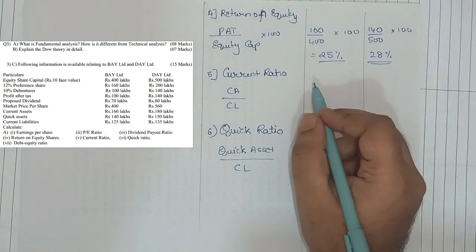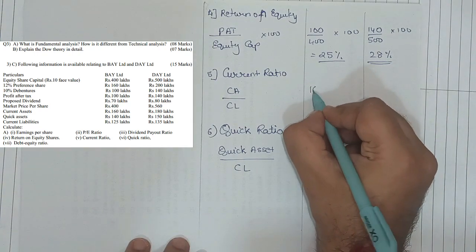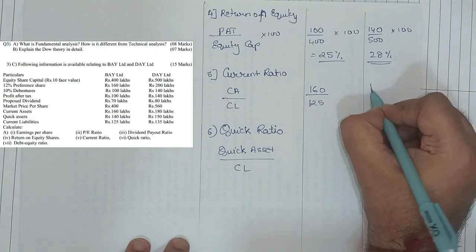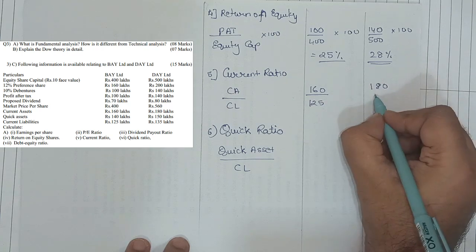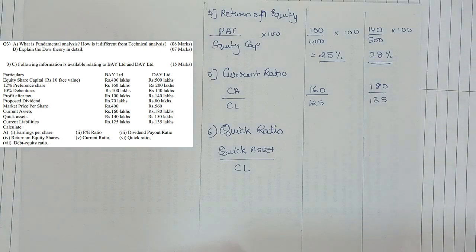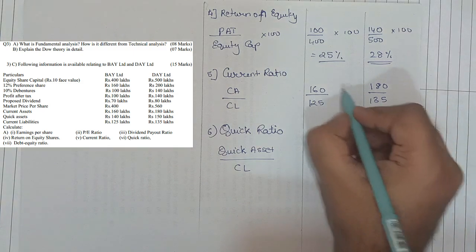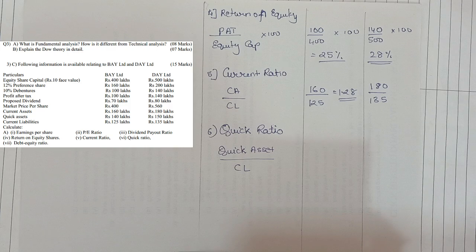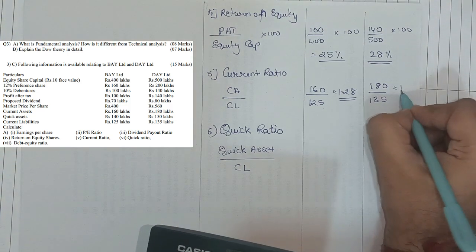Current ratio is current asset upon current liability. So that was 160 upon 125 and 180 upon 135. So 160 divided by 125 is 1.28, and 180 divided by 135 is 1.33.